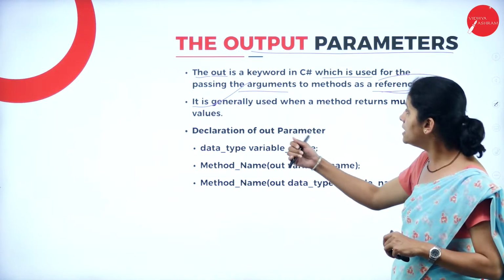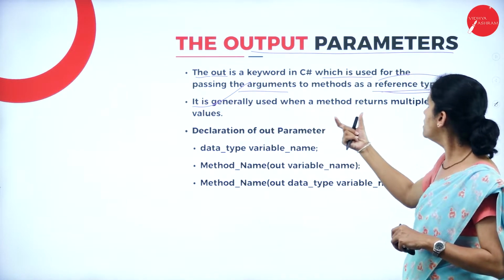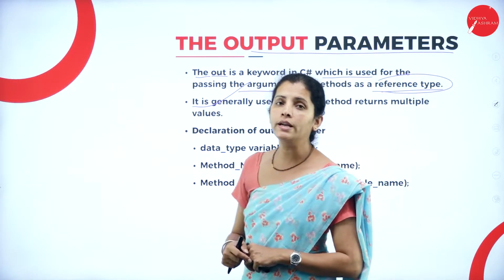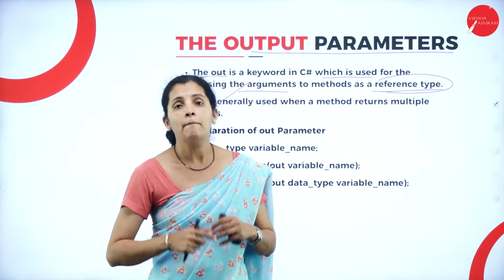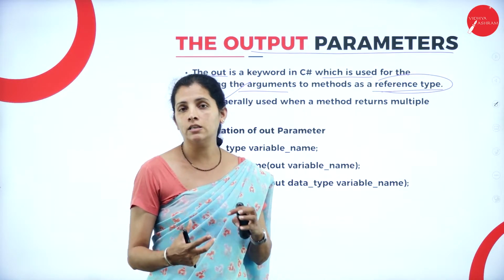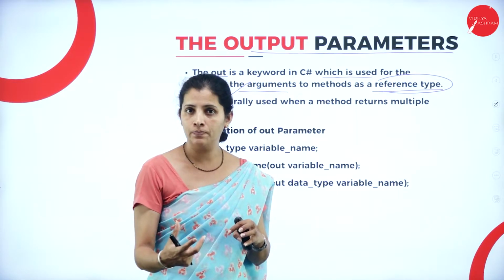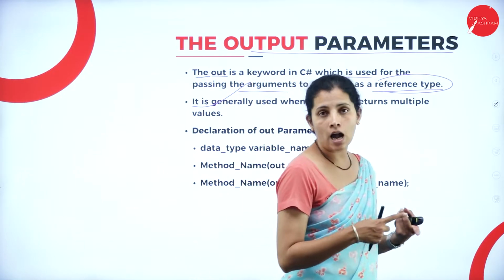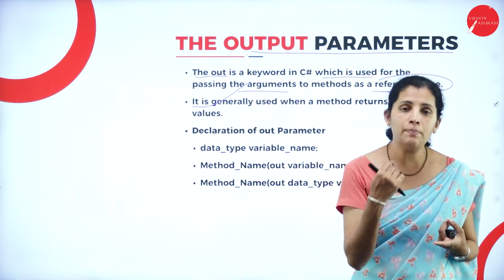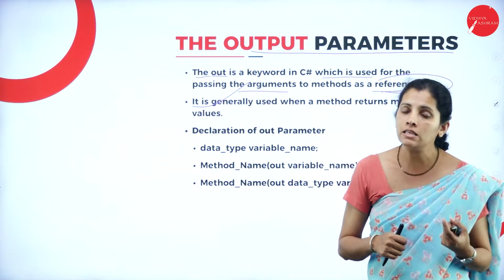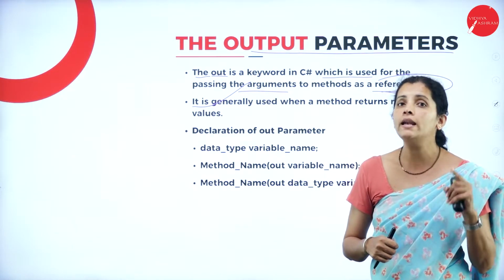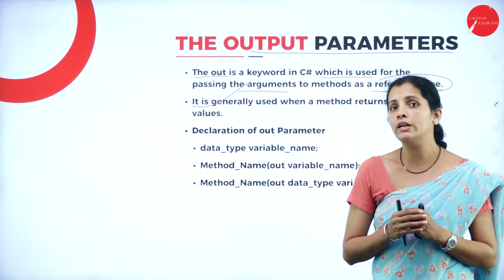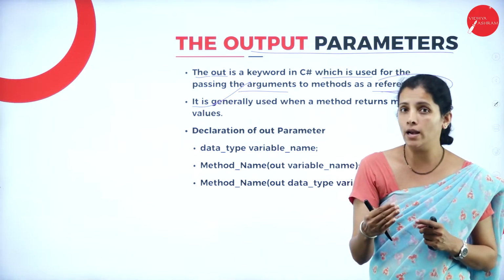And it is generally used when a method returns multiple values. So dear student, there are certain times when methods are able to return multiple values. And if I consider C program or Java or C++, then methods can have only one return type. That means the particular method is able to return only one value.